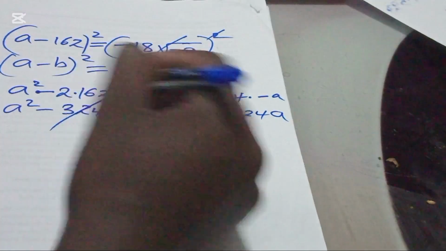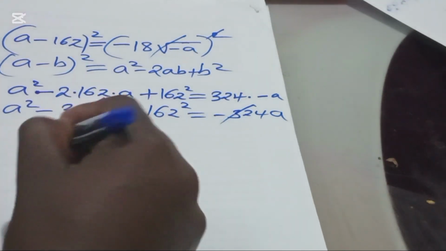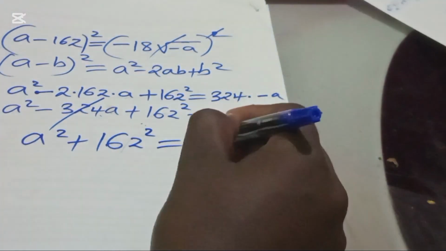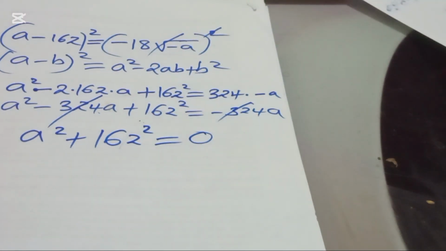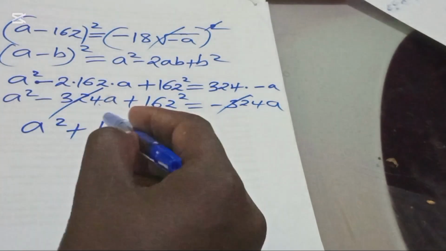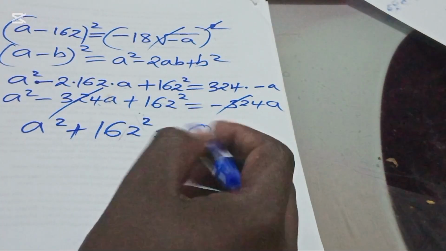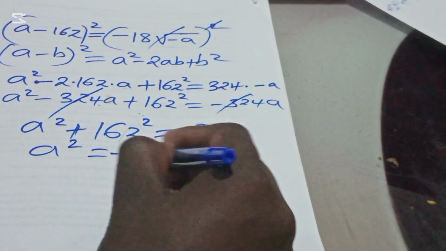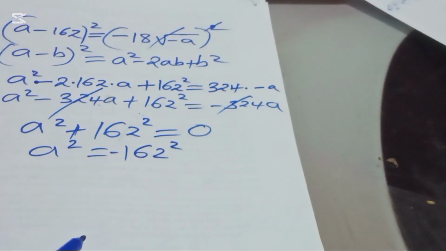Then we simplify the 324a so that a squared plus 162 to power 2 is equal to 0. From here, we take the 162 squared to the right hand side so that a squared is equal to negative 162 to power 2.